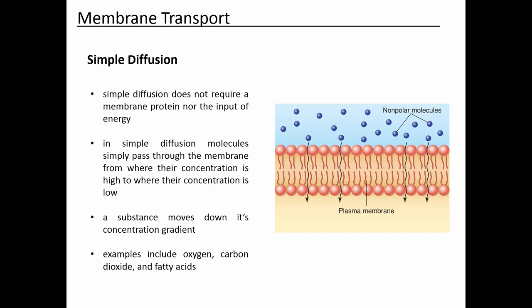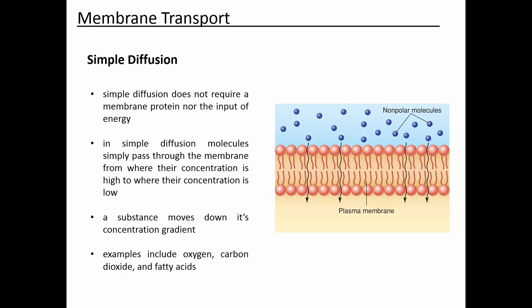What happens in simple diffusion is you have a molecule that simply passes through the cell membrane from where its concentration is high to where its concentration is low. So that's all that happens in simple diffusion.